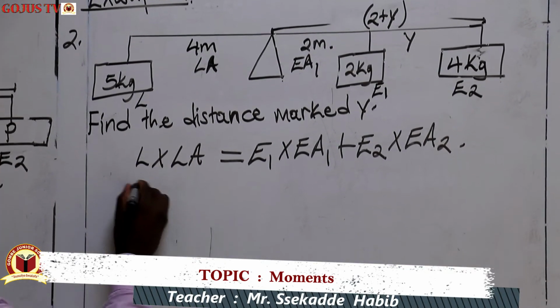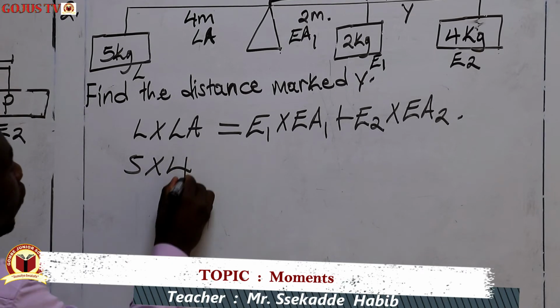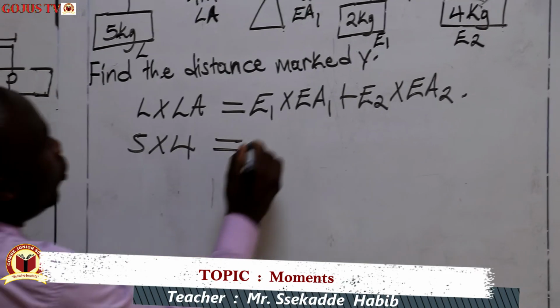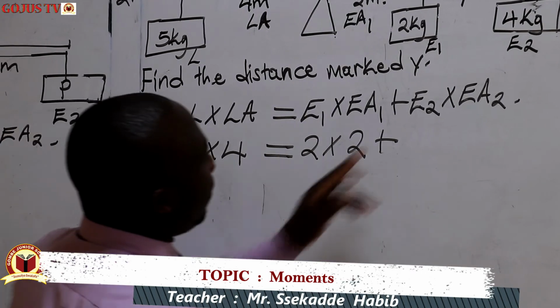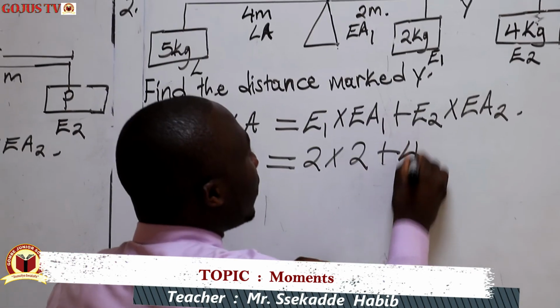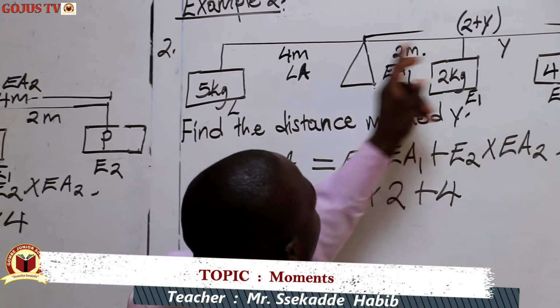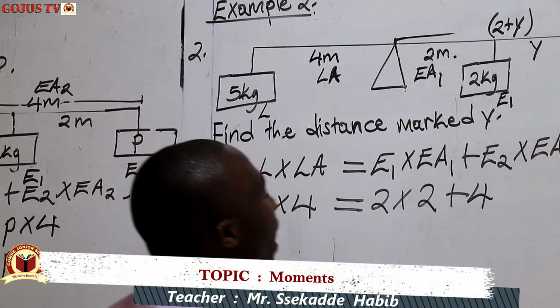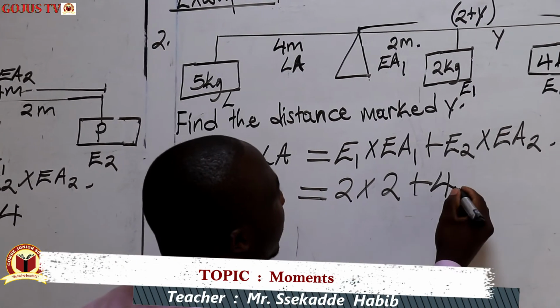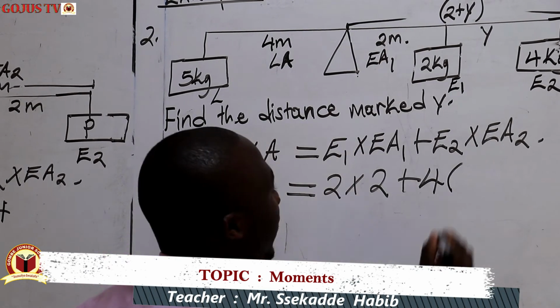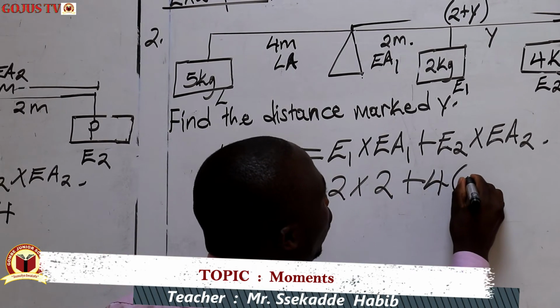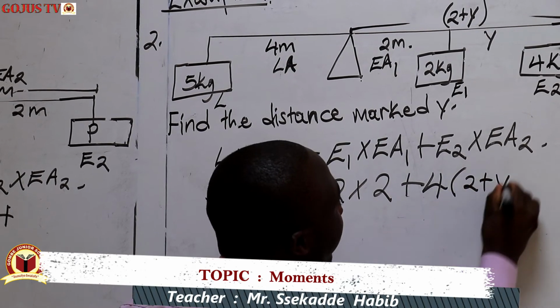We shall have 5 times 4. This will be equal to 2 times 2. Then plus 4 times the distance we've got after adding up those two. That is 4. Now we shall open brackets since they are unlike terms, and we say into 2 plus y.